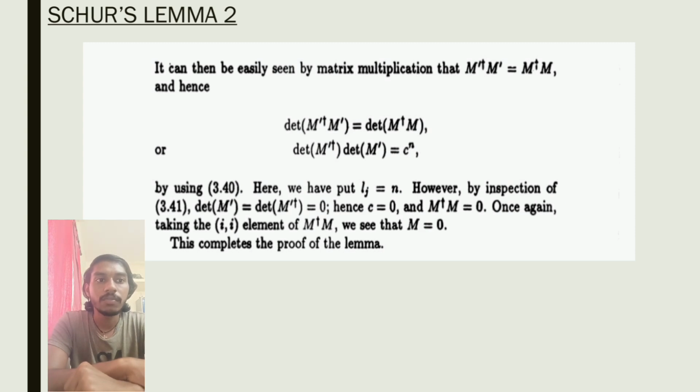By using 3.40, here we have put L_j is equal to n. However, by inspection of 3.41, determinant M prime is equal to determinant M prime dagger is equal to 0. Hence C is equal to 0 and M dagger M is equal to 0. Once again, taking the i, i element of M dagger M, we see that M is equal to 0. This completes the proof of the lemma.